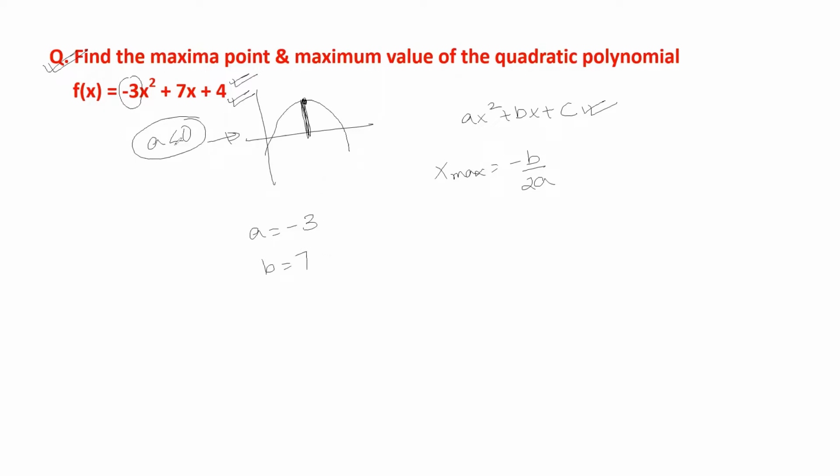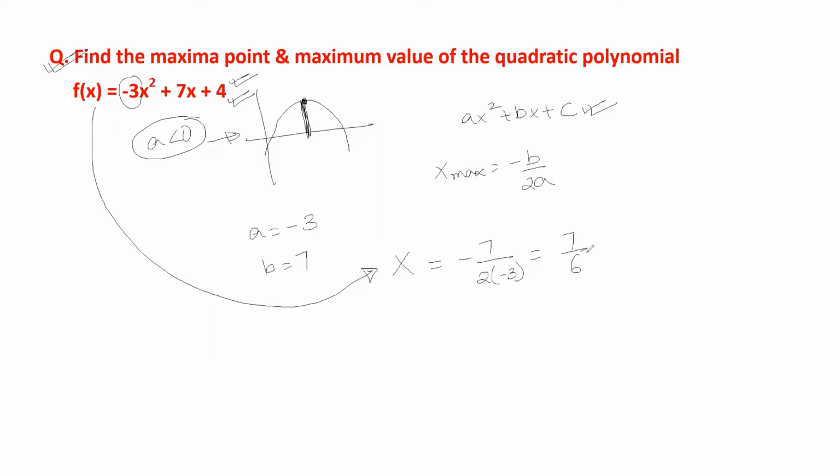So the maxima point for this quadratic polynomial would be simply x, which would be minus b upon 2a, that is minus of 7 upon 2 into minus 3, which would be 7 upon 6. So that means this quadratic polynomial will attain a maximum value at x equal to 7 by 6. So the maxima point is 7 by 6.